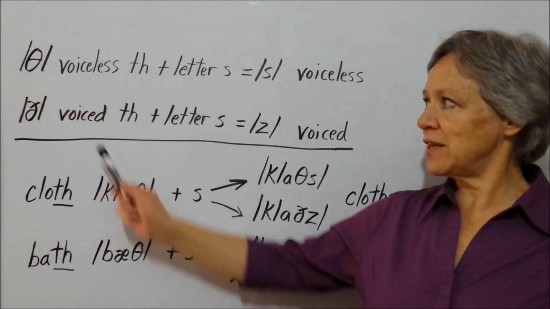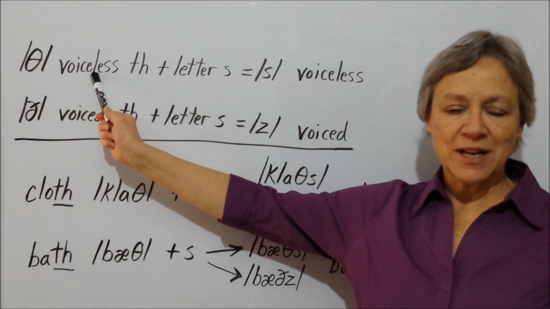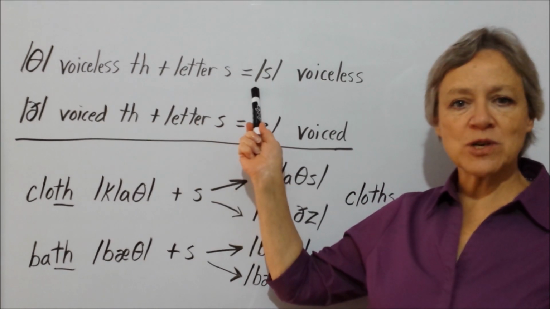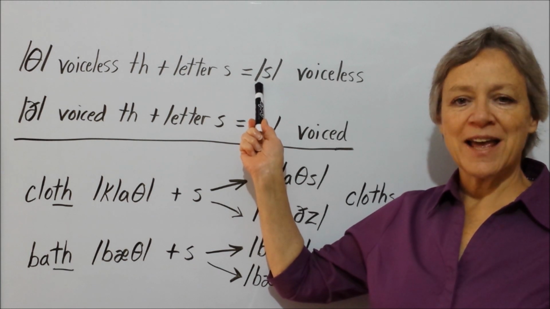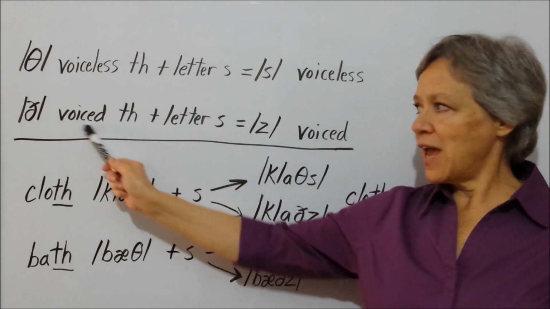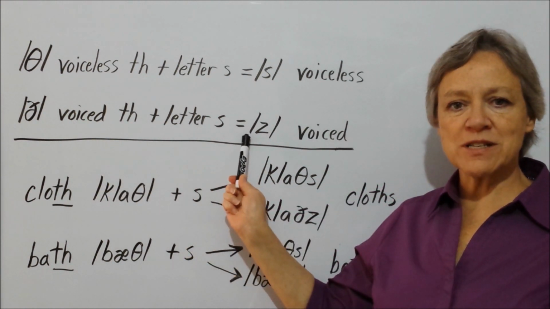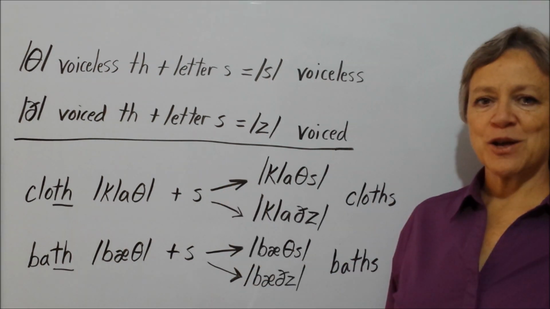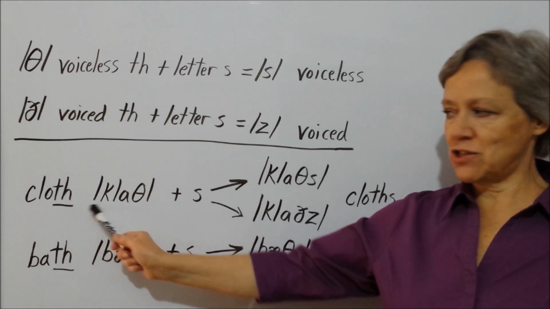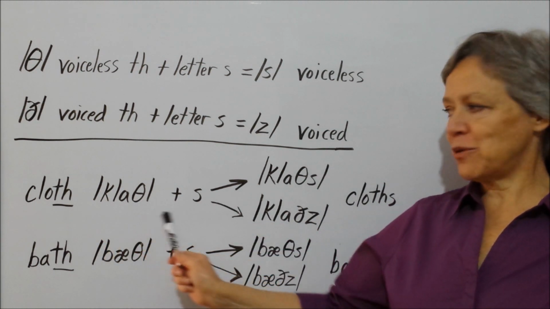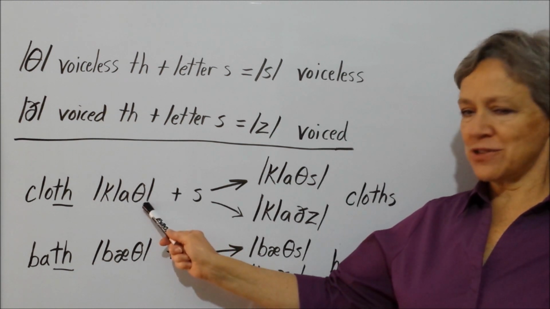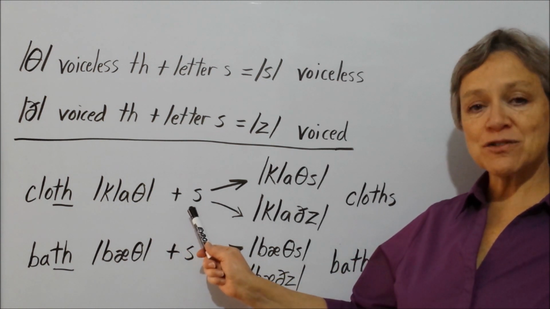When we have words which end in the voiceless th sound, like the word cloth that we have just seen, and we add the letter s, we get the voiceless s sound. And when we have words which end in the voiced th sound, and we add the letter s, we get the voiced z sound. When we have some words, such as the word cloth, which ends in the voiceless th sound, and we add the letter s, some speakers keep these two sounds, the th and the sound for the s, as voiceless sounds.